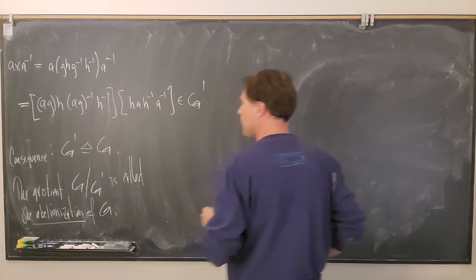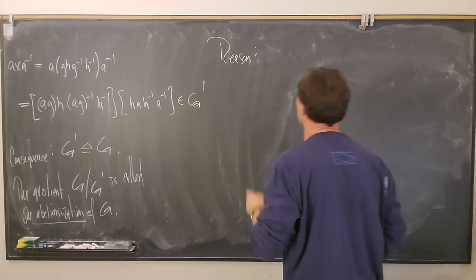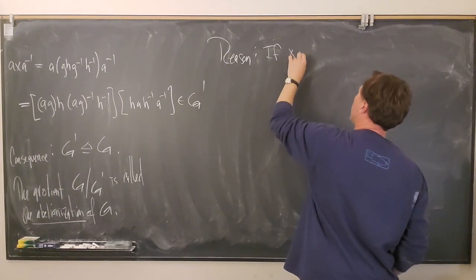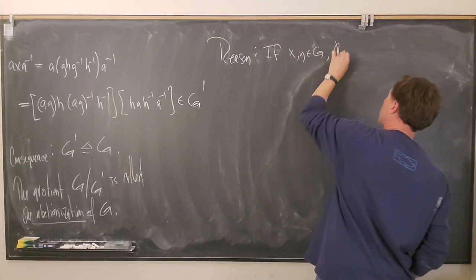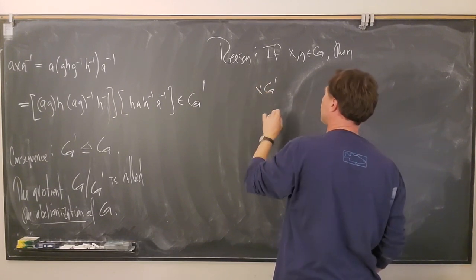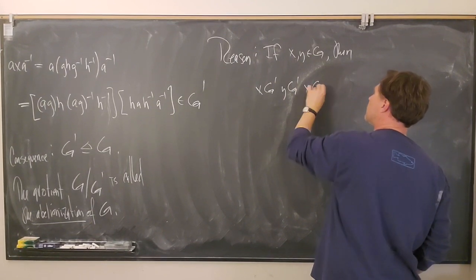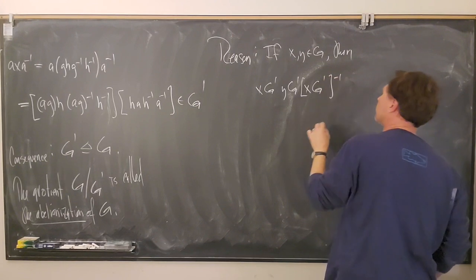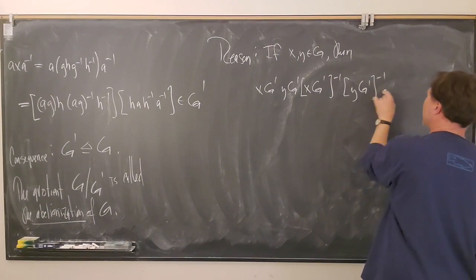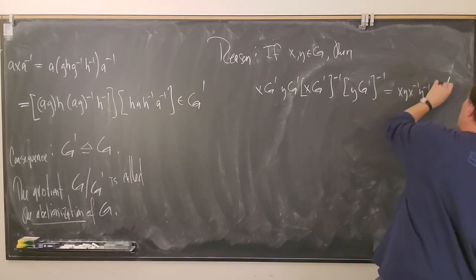So, the reason for this name: if x and y are in G, then xG prime, yG prime, xG prime inverse times yG prime inverse is equal to x y x inverse y inverse times G prime.